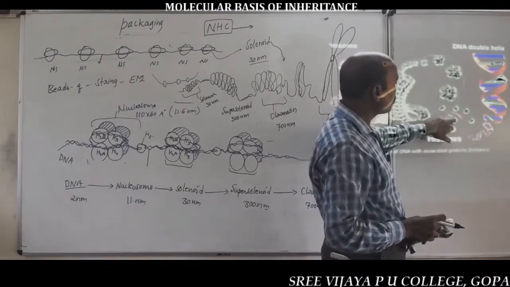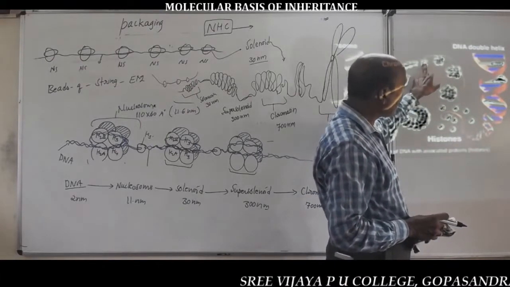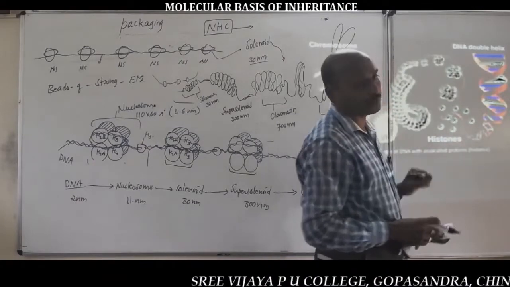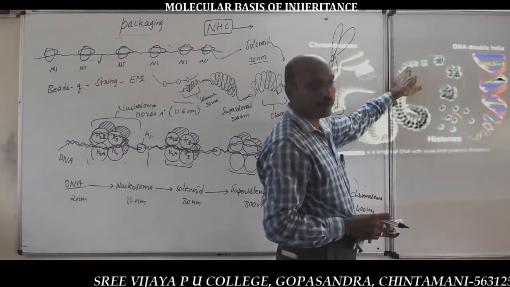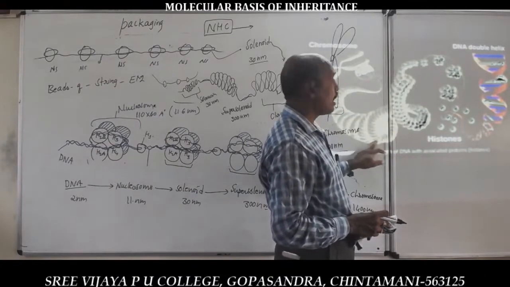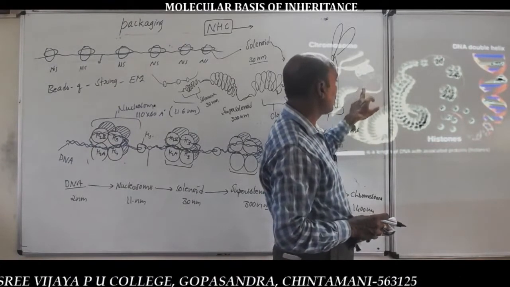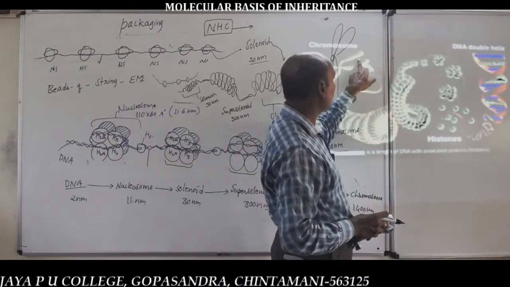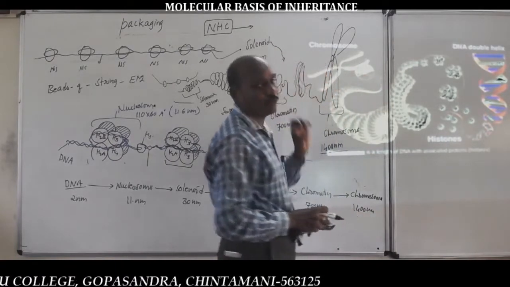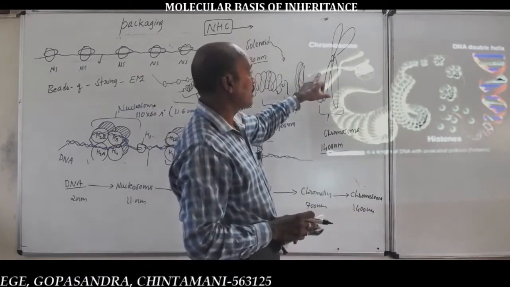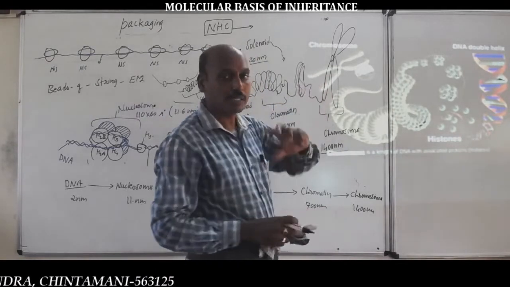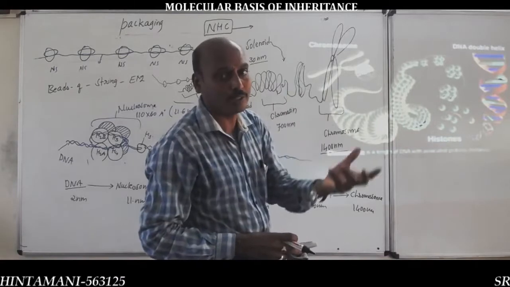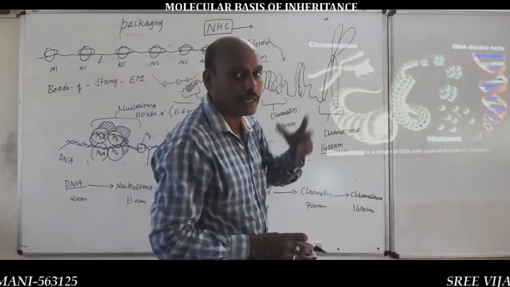This string of beads further condenses to form solenoid, again super solenoid, again chromatin fibers, and the chromatin fibers at a higher level condense to form a matured, rod-shaped chromosome at metaphase of cell division, mitotic or meiotic.